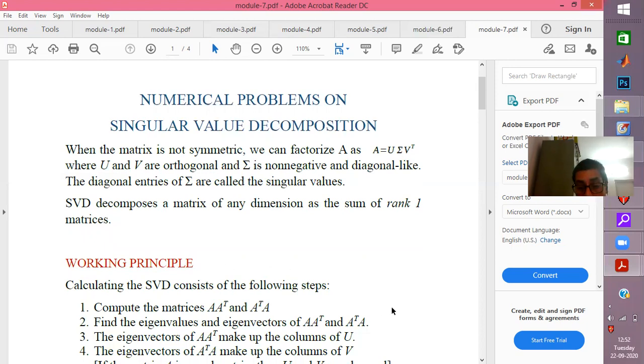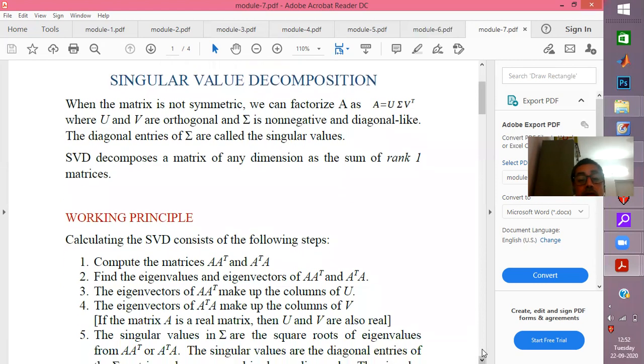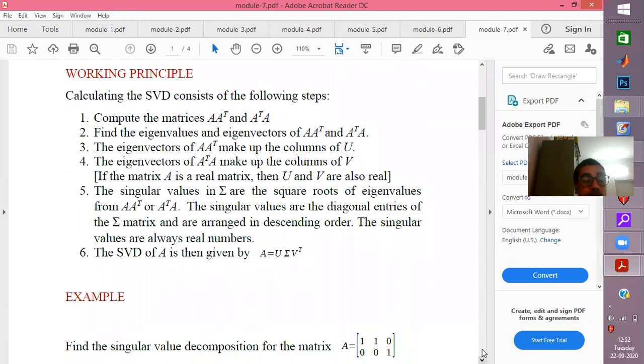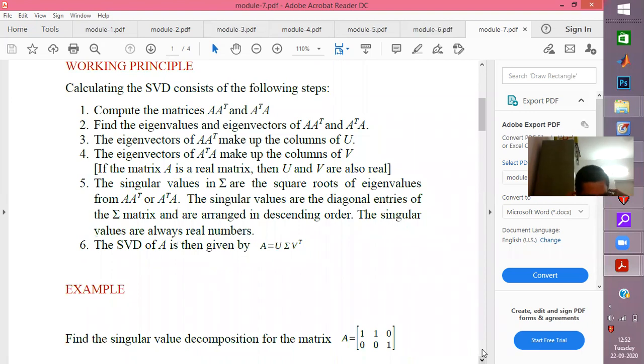To make things simple, I am just repeating the set of rules which govern the SVD process. The given matrix A can have any structure, it can be square or rectangular.